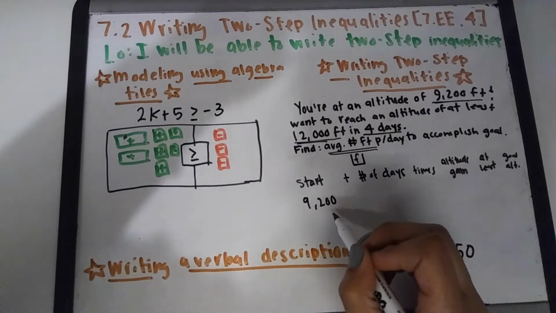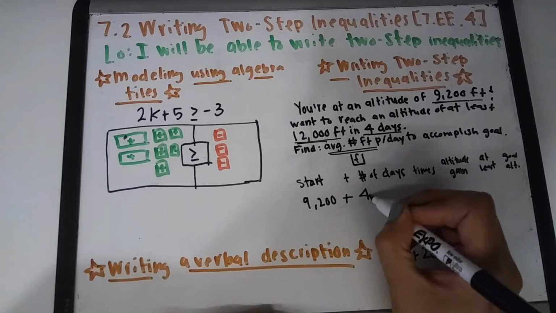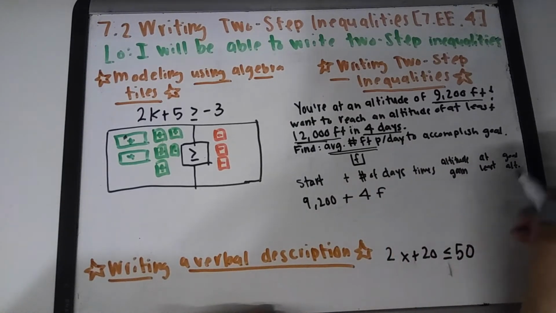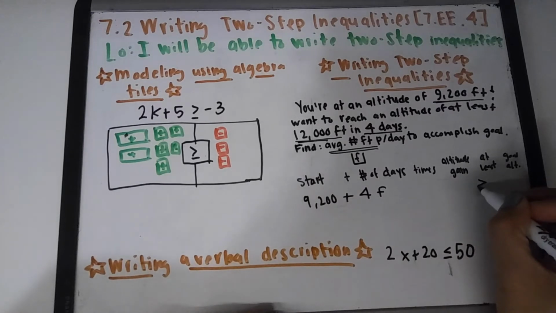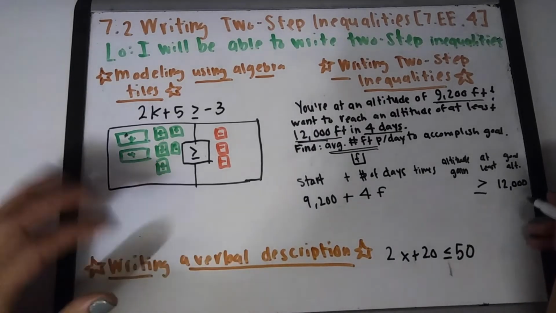Okay, so I'm going to start here, and then I have plus 4 days, right, times an altitude gain. So I'm going to call that f, and then that is going to be greater than or equal to, because it's at least, 12,000 feet.